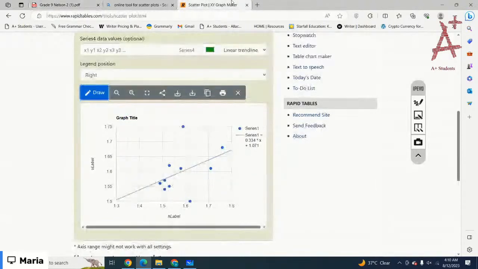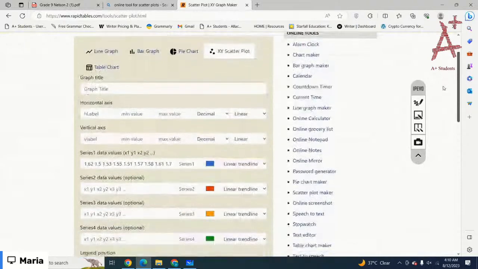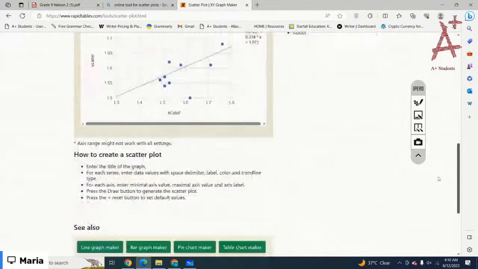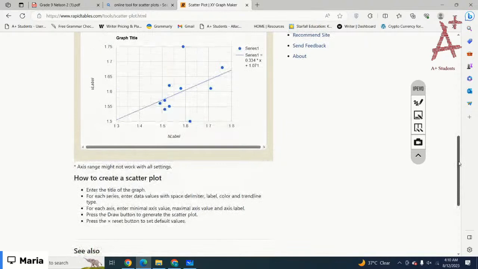Okay, you can see we have already a line that is the best fit, right? Okay, you have this one.